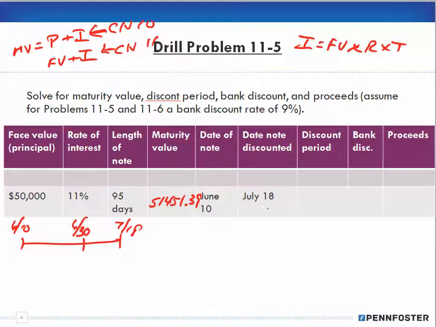Now remember, to do this, you can use the Julian calendar like we did in the previous chapter an awful lot, but as you can see, I'm using the number line because it's a relatively short period of time. I could go back and find the number of days for June 10th and the number of days for July 18th, subtract one from the other, and end up with the same amount.